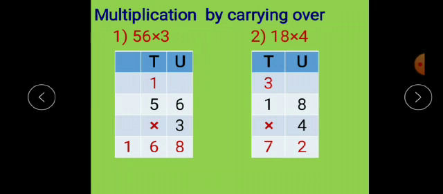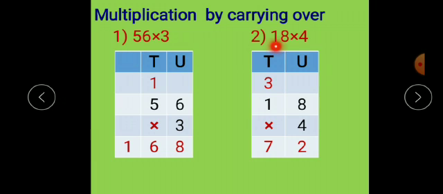Now multiply 3 with 5. 3 fives are 15 and 15 plus this carrying over 1, we get 16. So the answer is 168. You can also write the hundreds place here.